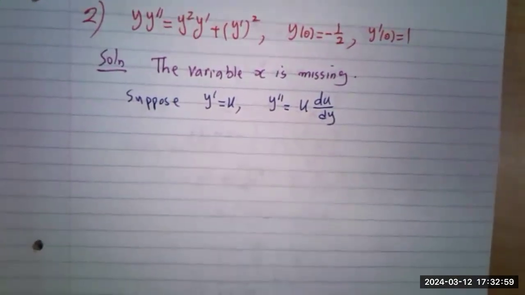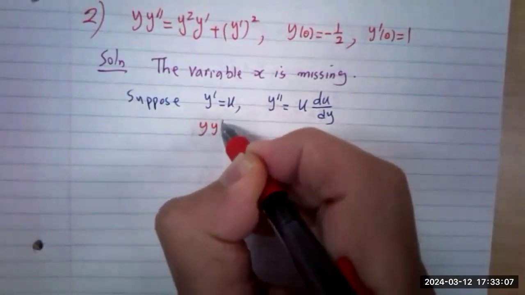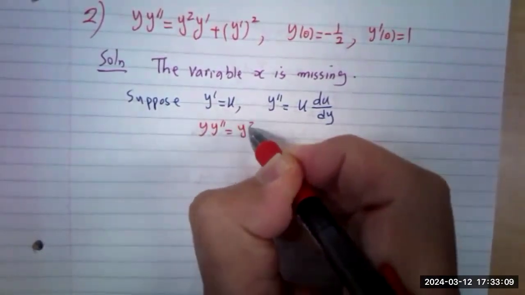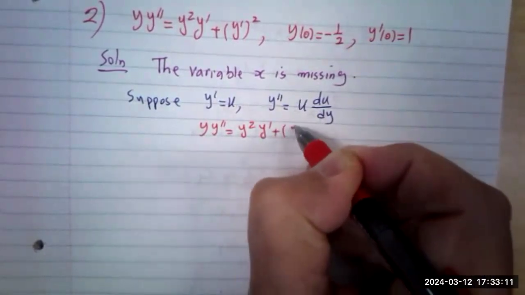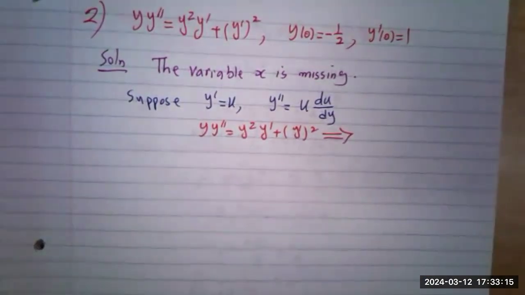This is the substitution. So bring the equation and substitute: y double prime equals y squared y prime plus y prime squared.